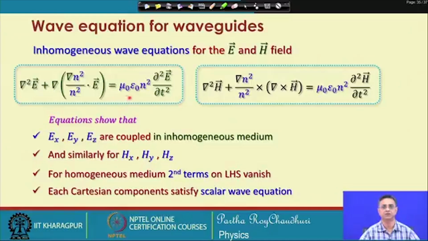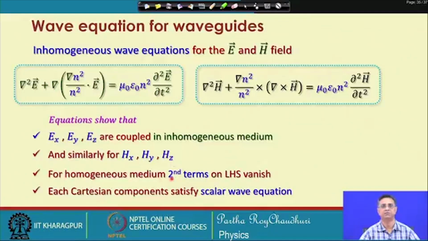But from these two equations, these are the observations, we can see that E x, E y, E z are coupled. In inhomogeneous medium, you have E x, E y, E z, they are coupled, and similarly for H x, H y, H z, they are also coupled.